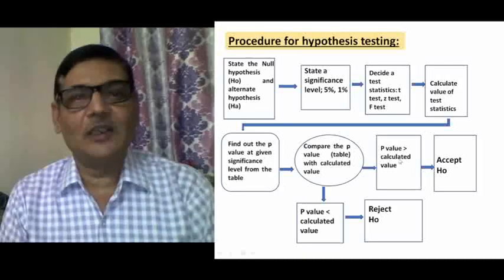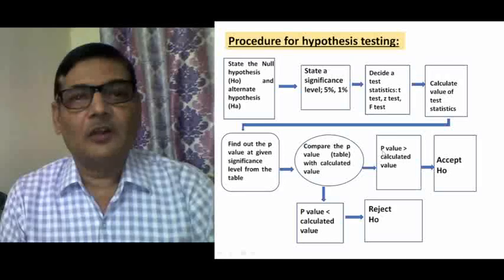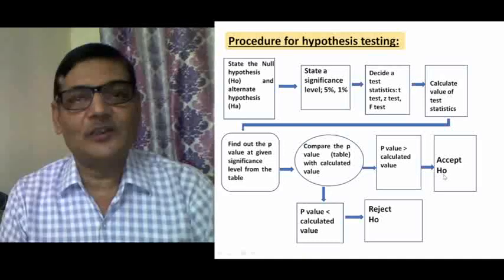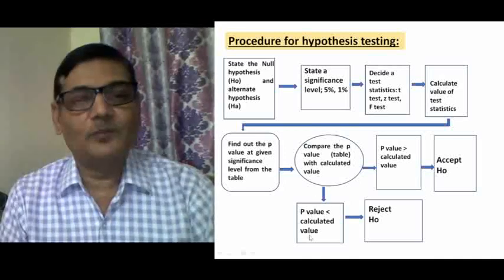In most cases, if the p-value, which is referred to as the p critical or p table value, is more than your calculated value, then you will accept the null hypothesis. And if this p-value is less than the calculated value, then you will reject the null hypothesis. You will be accepting the alternate hypothesis.